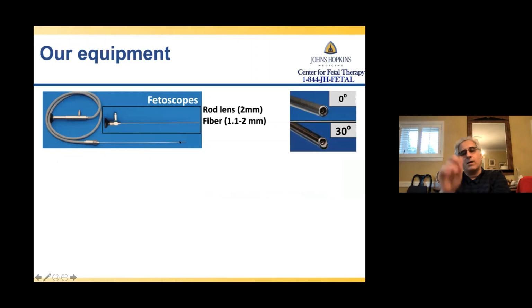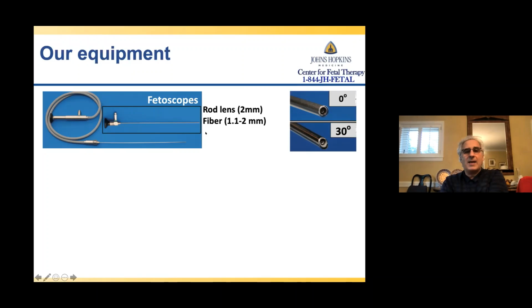That means these are glass fibers, like 30,000 to 50,000, that are packed very tightly and therefore transmit the image analogous to the eye of a fly. They have slightly less resolution than a rod lens scope, and a rod lens scope is basically an array of lenses. The smallest that they're available is 2 millimeters, because under that is really hard and expensive to work the glass.